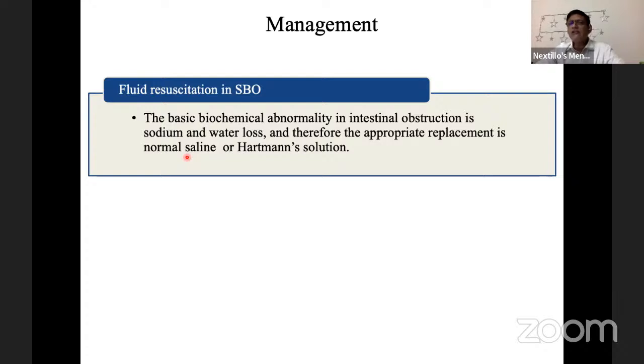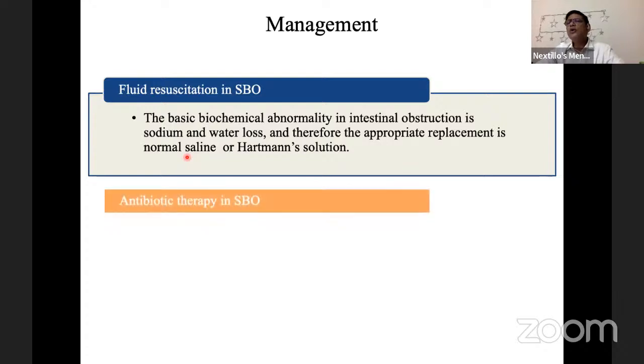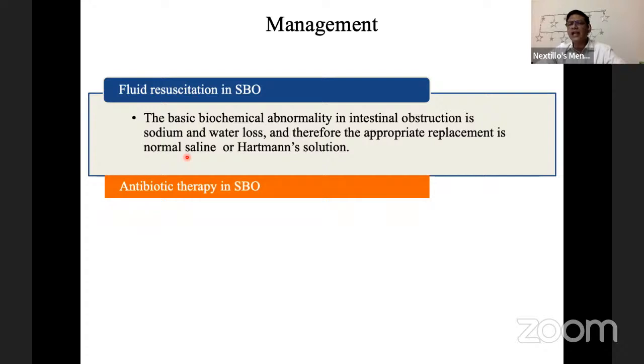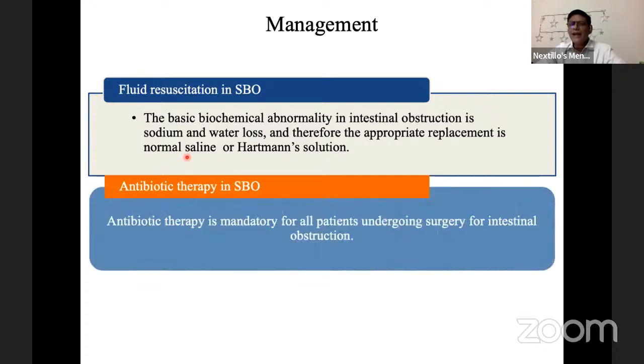For the prevention of sepsis, we should go with prophylactic antibiotics. Prophylactic antibiotics are mandatory in all patients undergoing surgery for intestinal obstruction and otherwise also.